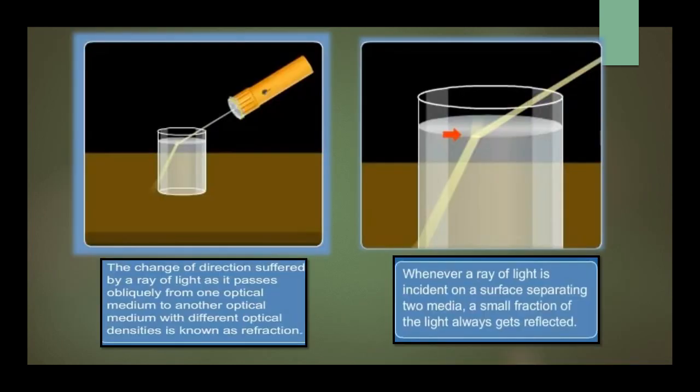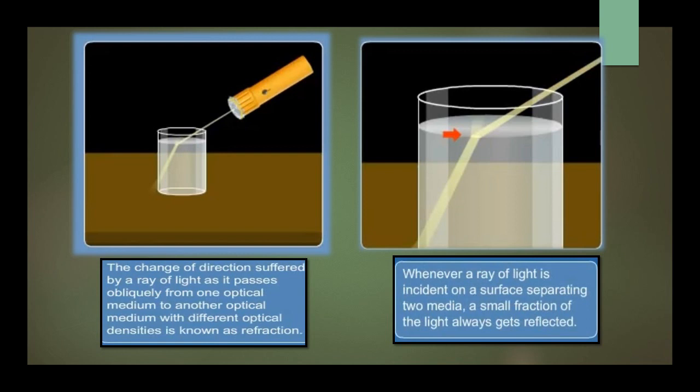We want to know to how much extent the refraction takes place. The change in the direction suffered by a ray of light as it passes obliquely from one medium to another is known as the refraction of light. The bending is shown at the surface up to where the water is filled in the tumbler. The interface, which is separating the water and the air, is acting as a refraction point.